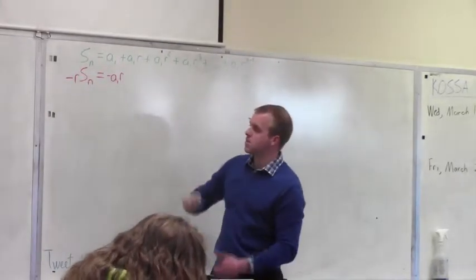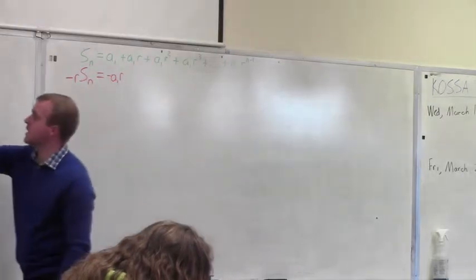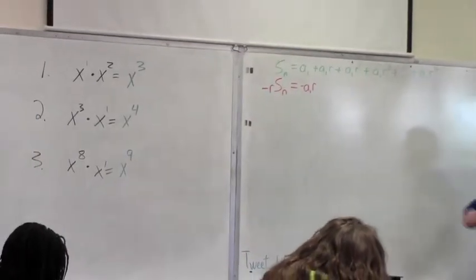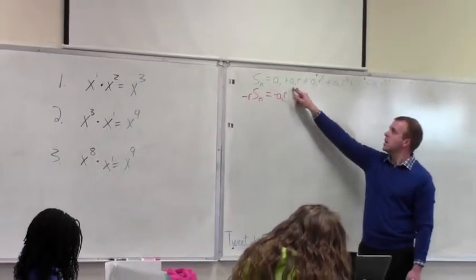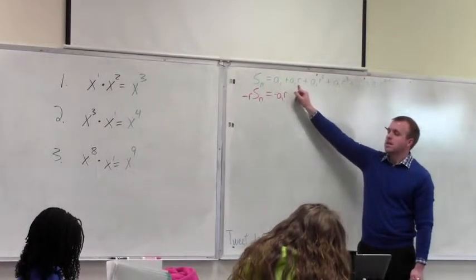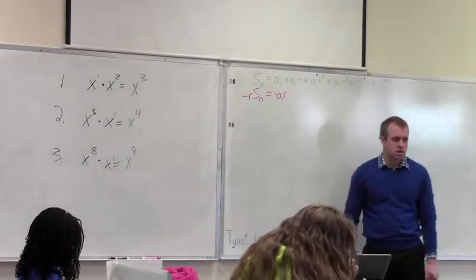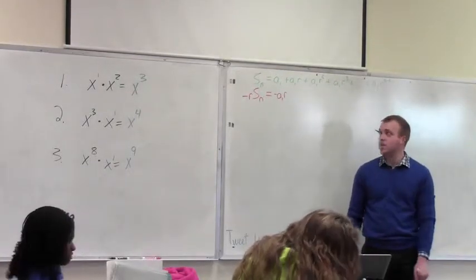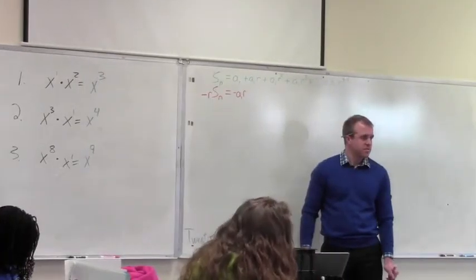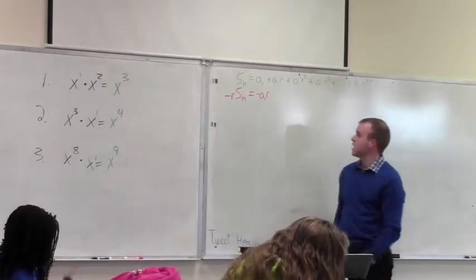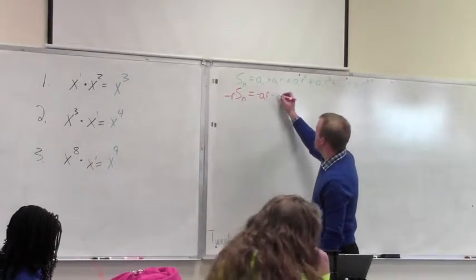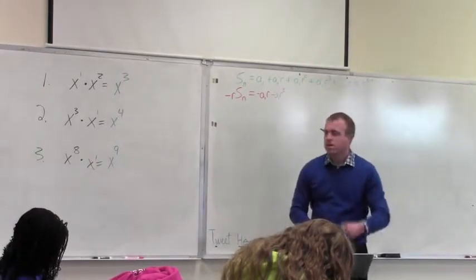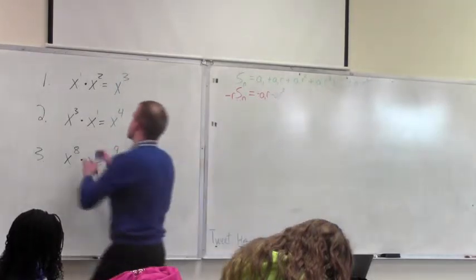Now coming up is why we did this in the very beginning, so we can make sense of what happens here. What happens if I multiply A sub 1 times r times negative r? It really does make sense. I get negative A sub 1 r squared, just the same as the first example.